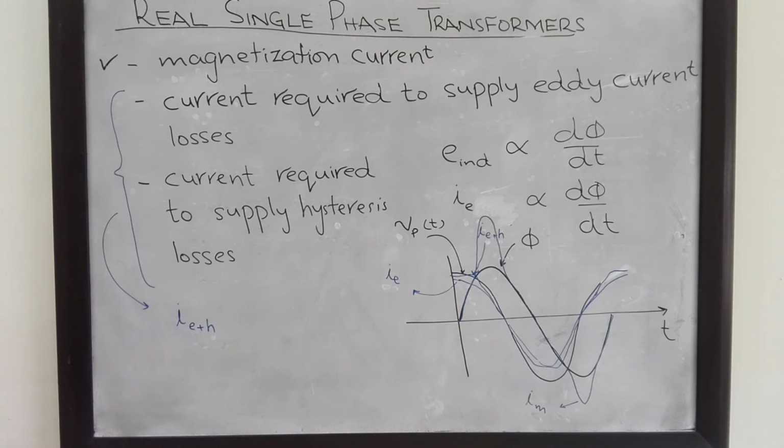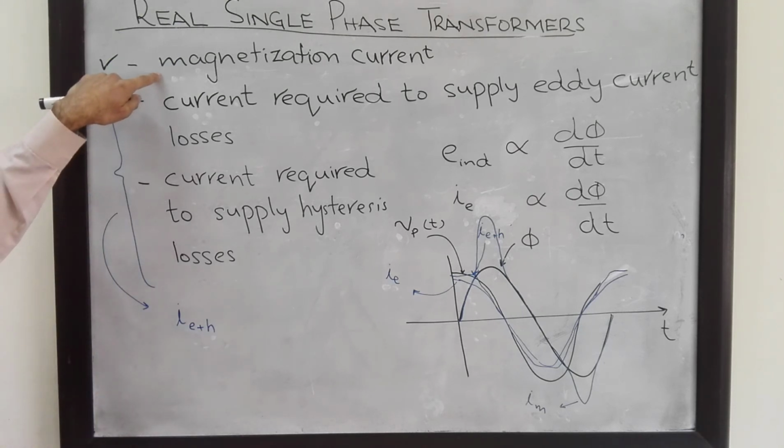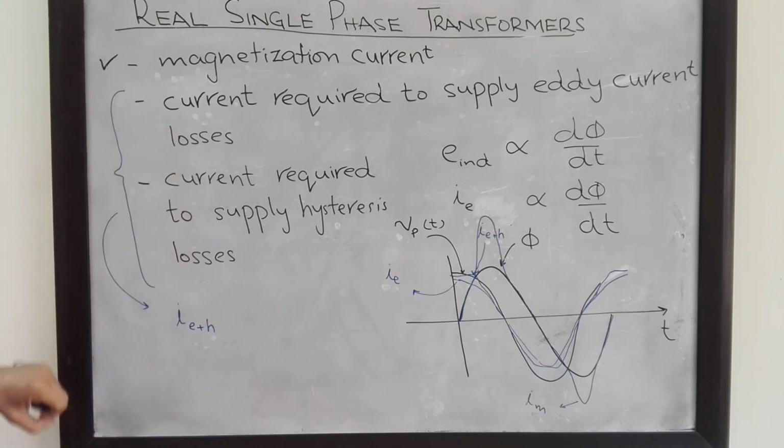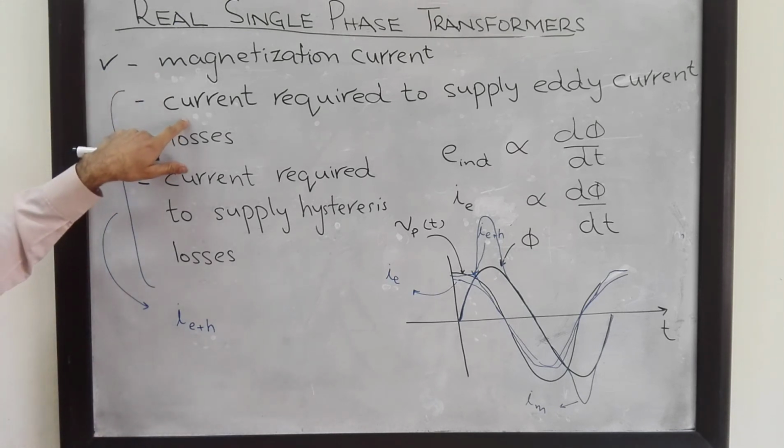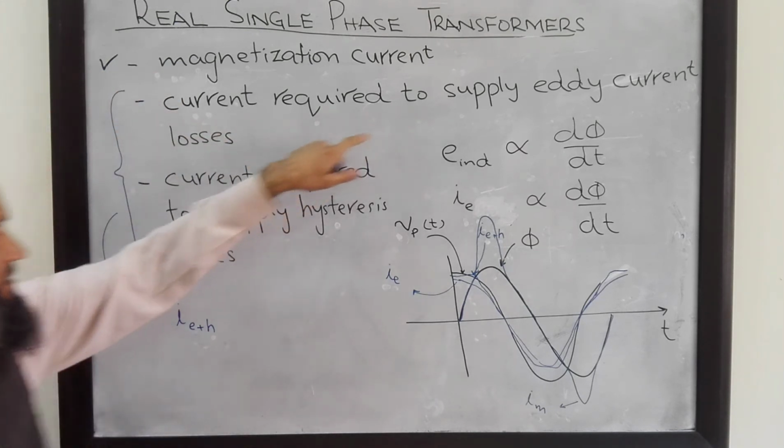So in the primary of the transformer, there are three components of current flowing even if the secondary is open circuited and no current is flowing in the secondary. The first component is the magnetization current. The second component is required to supply the eddy current losses.